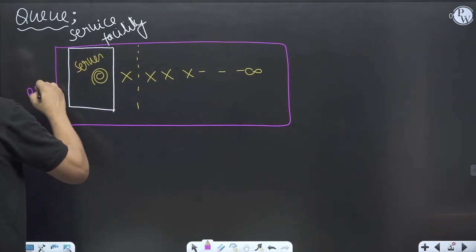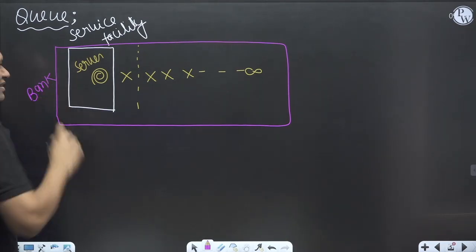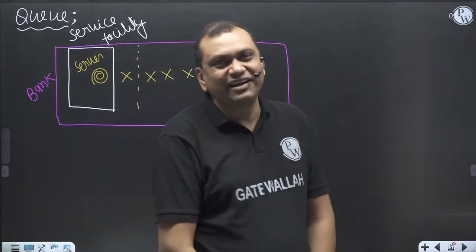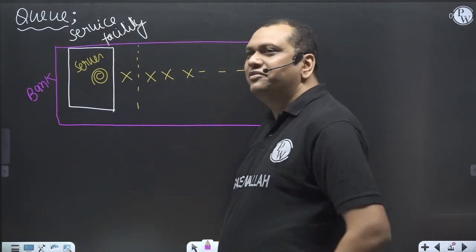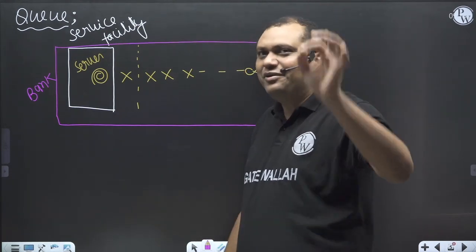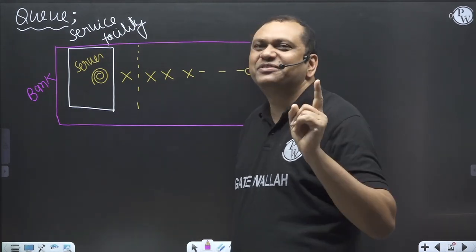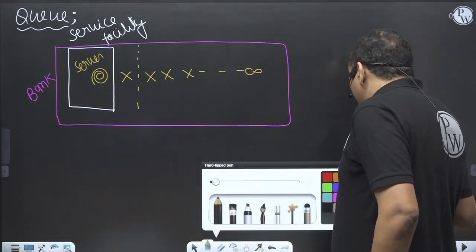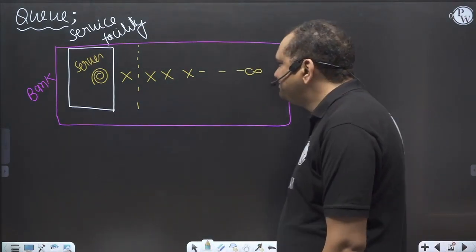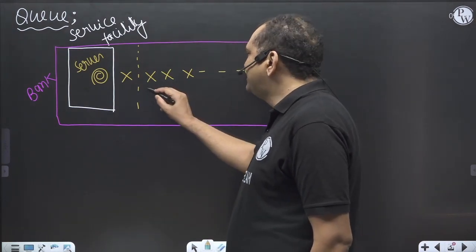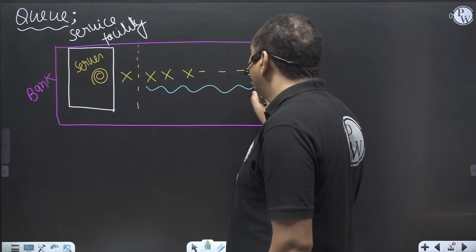This is the bank premises. Everything is happening within the bank, and the queue can be extended to infinity. There is no restriction on the queue. Correct? Now, this is called the queue.